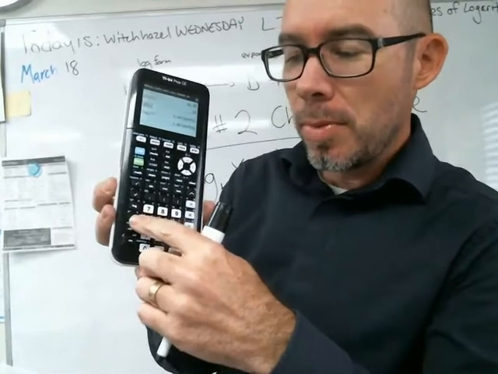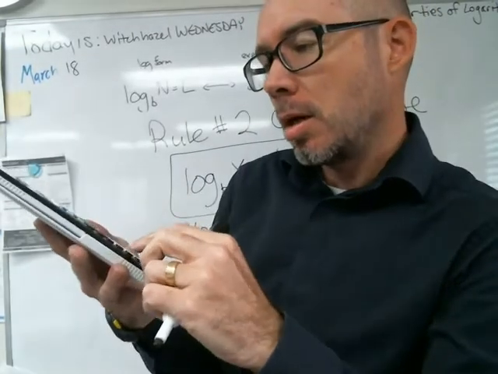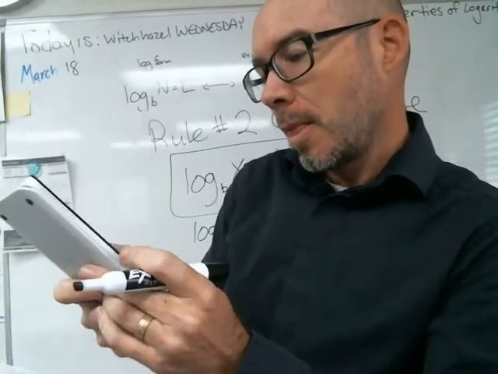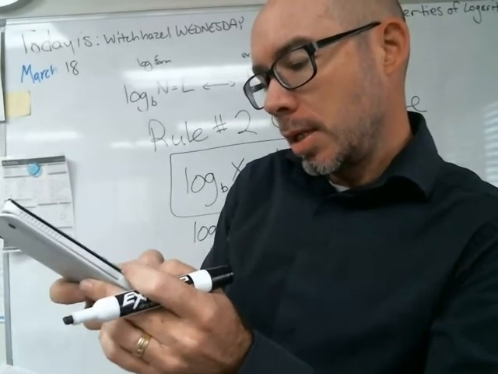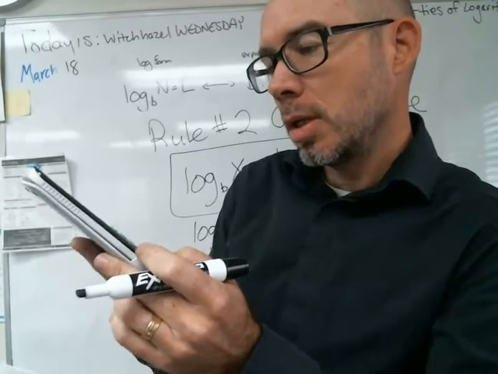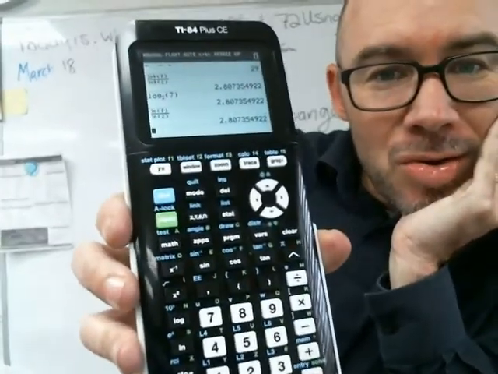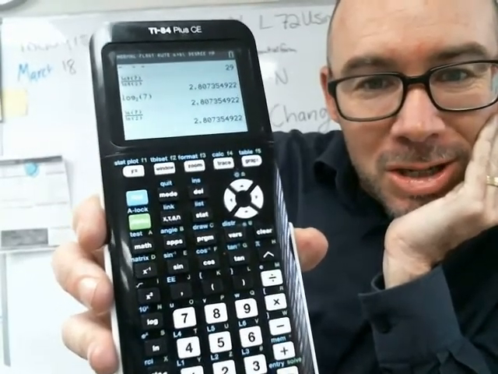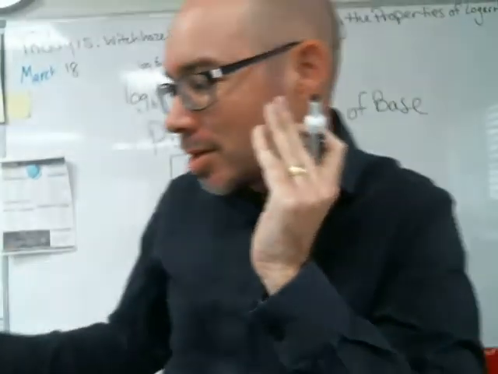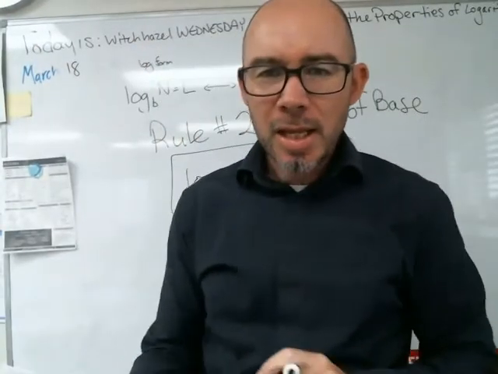This time use the ln button, and go ln 7 over ln 2. And lo and behold, you should get the exact same answer as the other one, so you can see they're equivalent. You can change it to whatever base you want, and you're going to get that answer right. I think that's pretty cool.